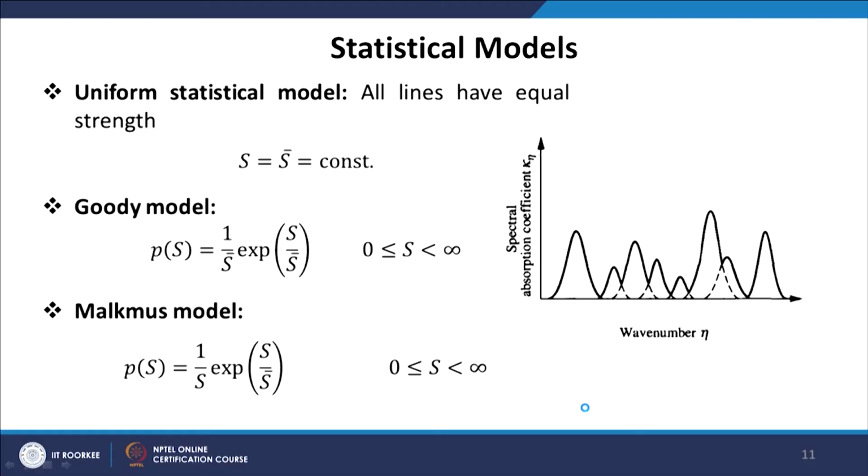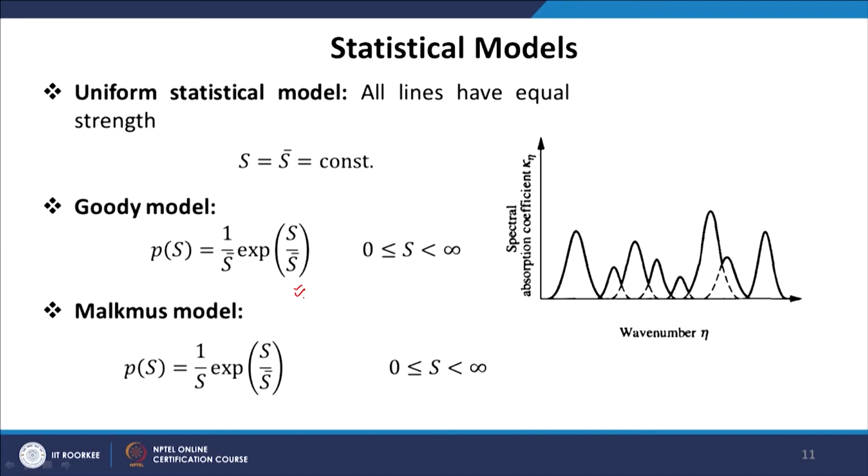The second model is the Goody model, which says there is a probability distribution from which lines can be selected, and this probability distribution is given by 1 upon S prime, where S prime is the average line strength, times exponential of minus S over S prime.